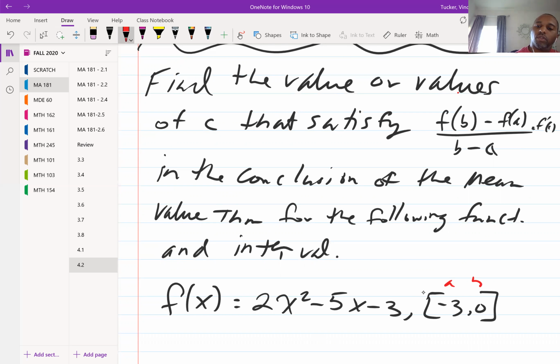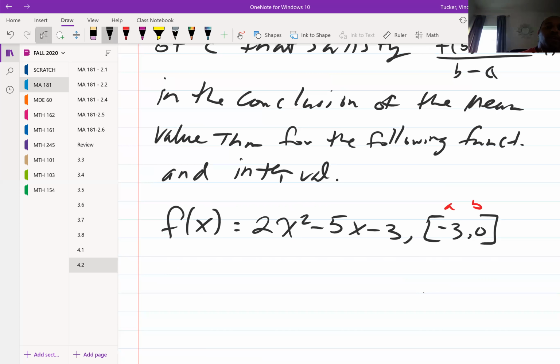So normally A is the first, B is the second in our interval. So when we're looking at f of A, let's plug in -3.